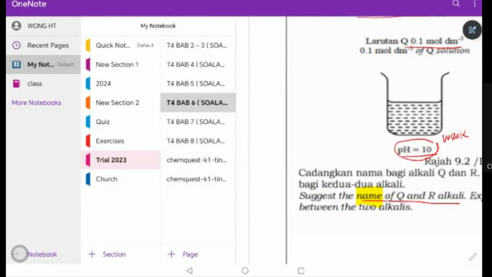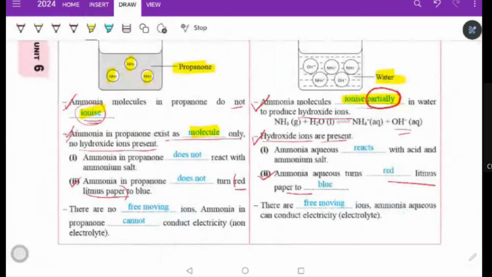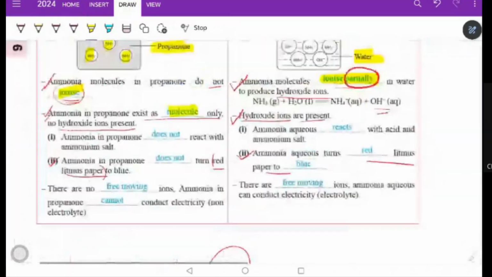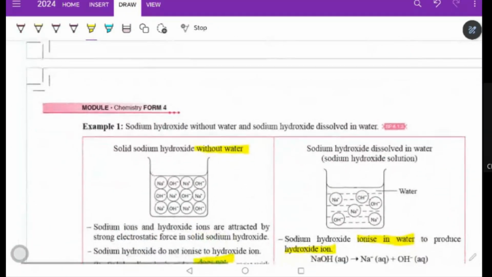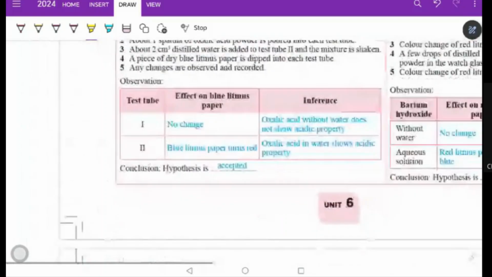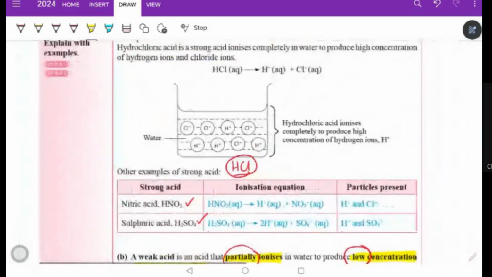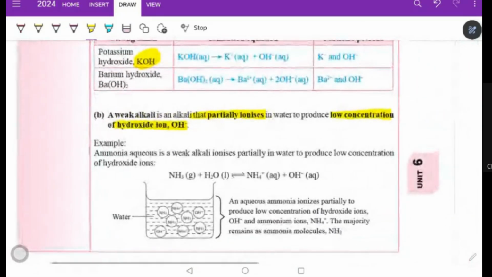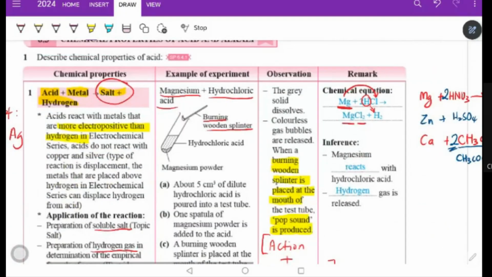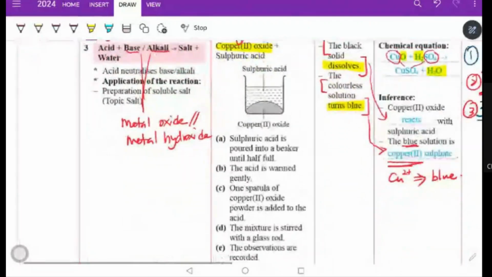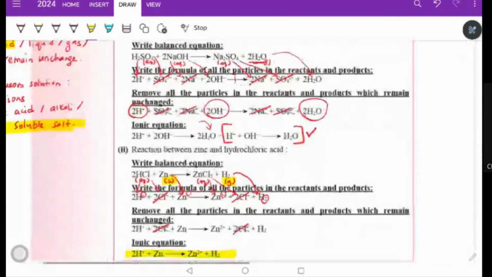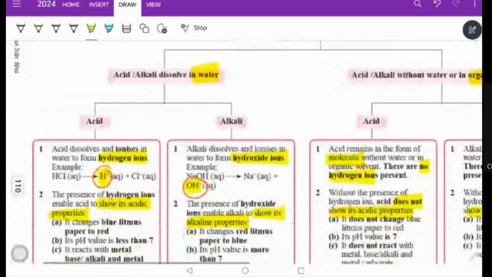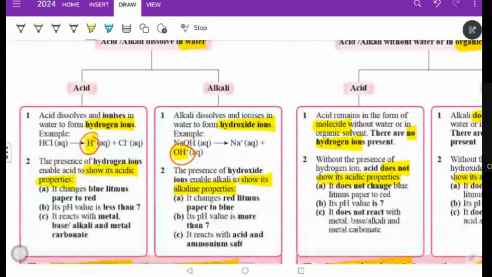Also got in our discussion actually. pH, right? Under strong and weak. Yeah. This is alkali, acid. Yeah. Sodium hydroxide.